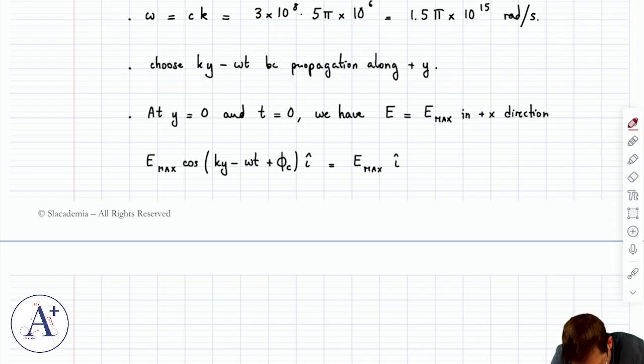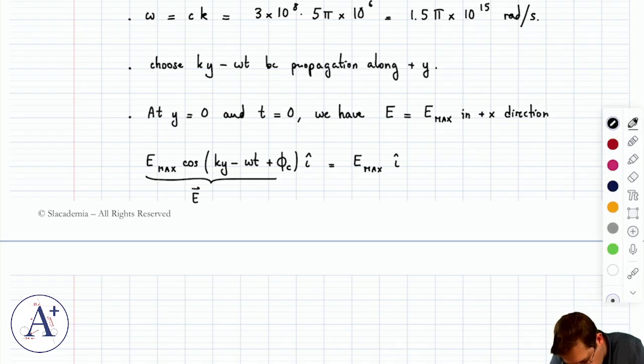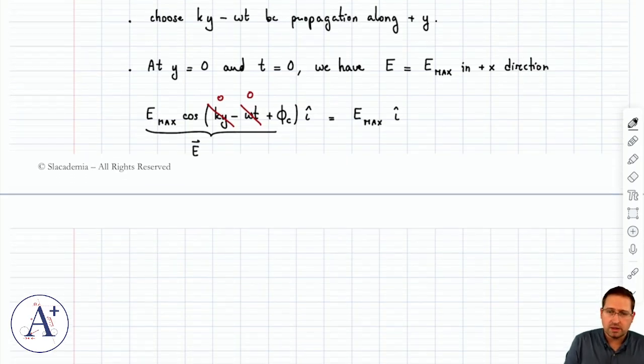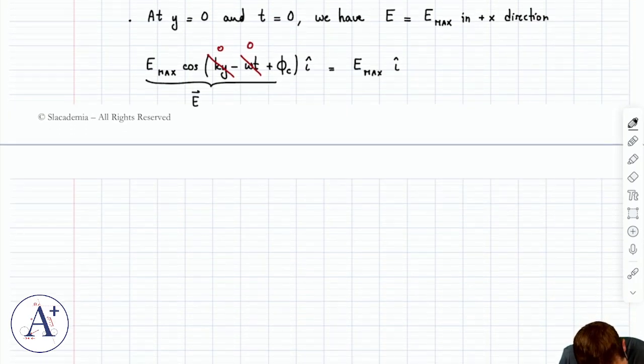Just to be clear, this is E in general, and this is just me saying from the graph I know that it's E max I hat. Well, if y is equal to 0 and t is equal to 0, these two terms go away. And so it has to then be the case that E max cosine of phi sub c is going to have to equal E max.